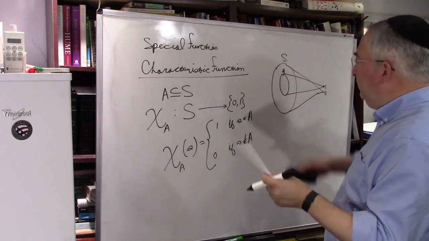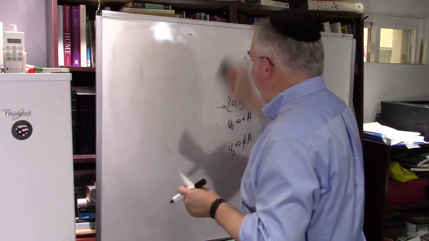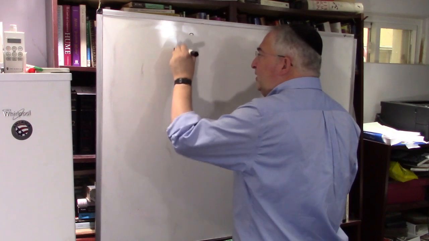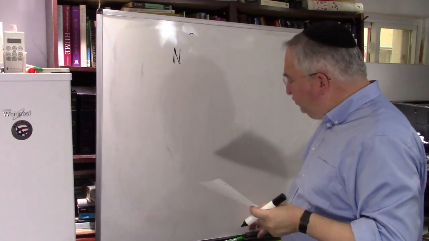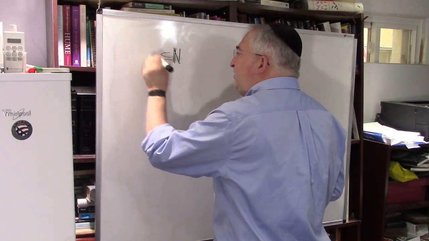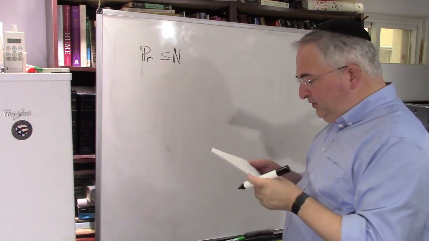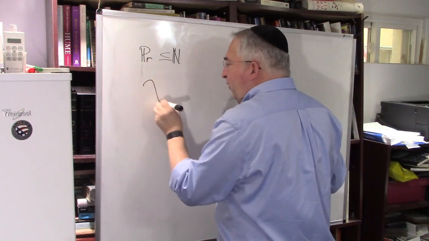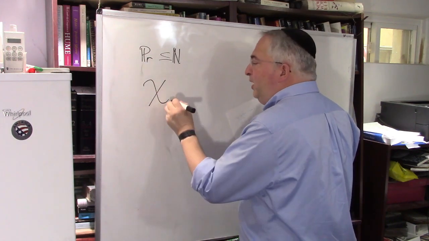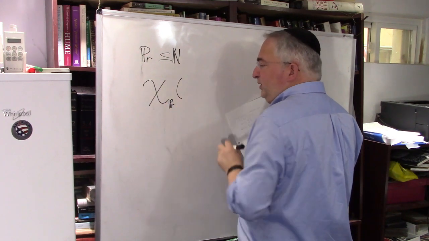Let's do an example. You ready? Okay. You have N, the natural numbers: 0, 1, 2, 3, 4, 5, 6, 7, 8, 9, etc. You have a subset of those called the prime numbers: 2, 3, 5, 7, etc. Now I want to characterize that function. I want to tell when a number is prime or not. So we're going to write that PR. Let's see what we have.